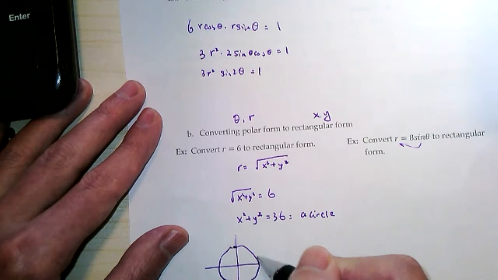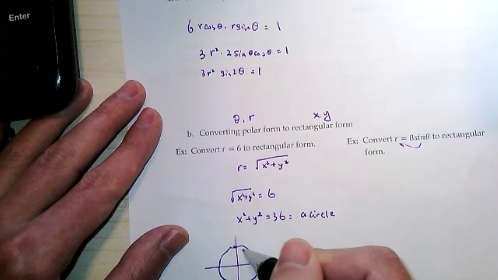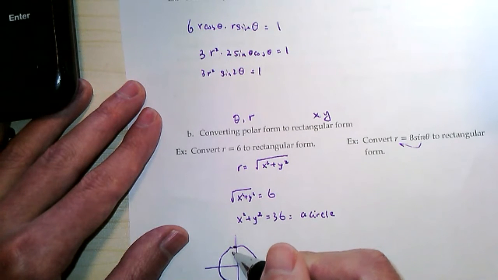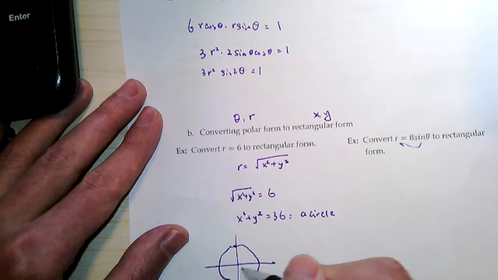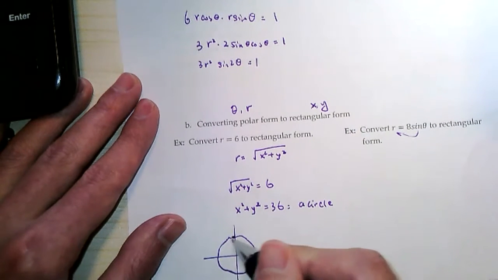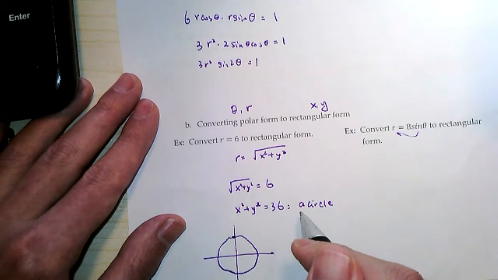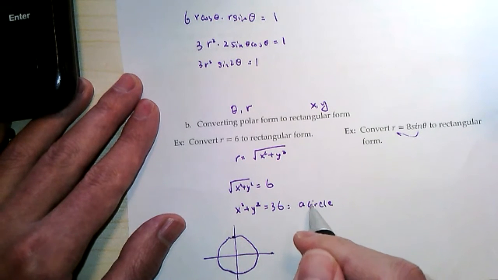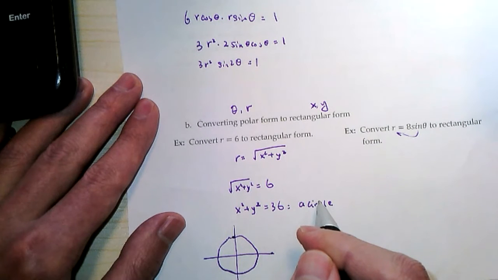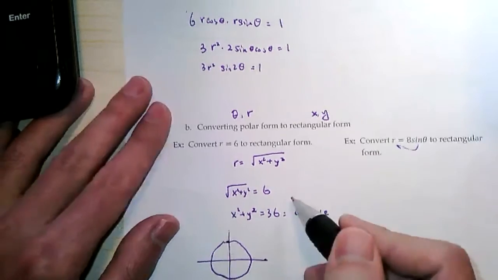So all the points which have distance 6 from the origin are on this circle. Okay, all the points would work.